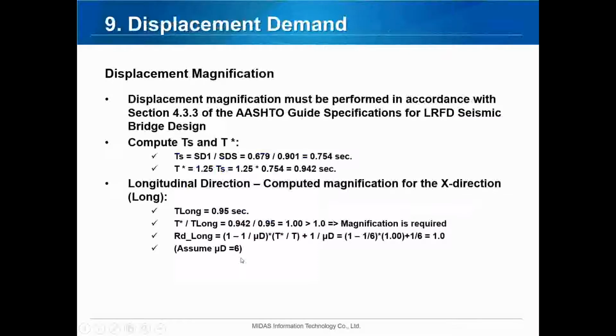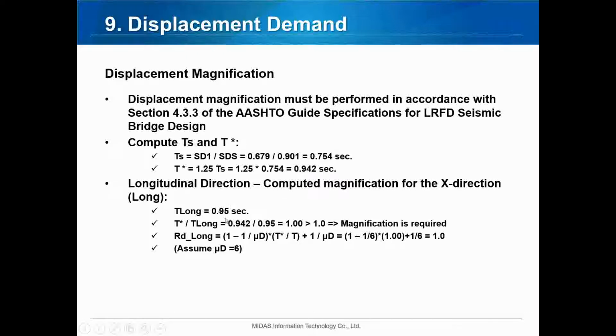So we now had to perform a displacement modification based on section 4.3.3 of the guide spec, and for that we had to compute Ts and T*. Based on these equations, we came up with a Ts of 0.75 seconds. T* was 0.942 seconds.